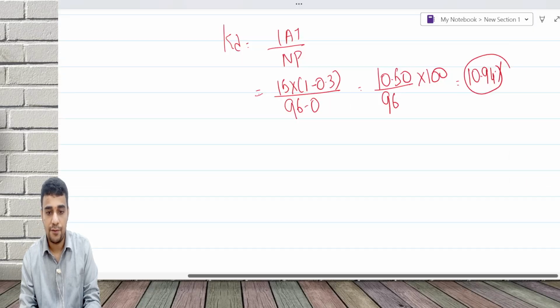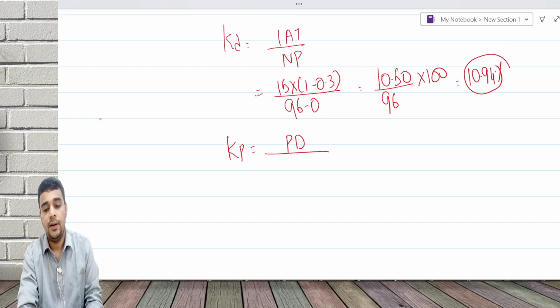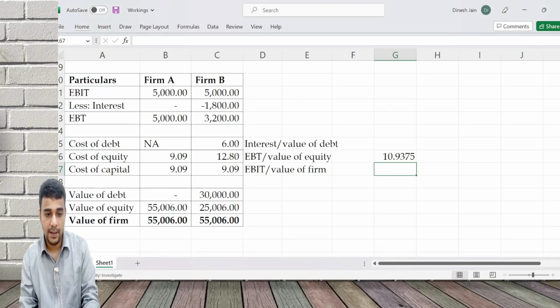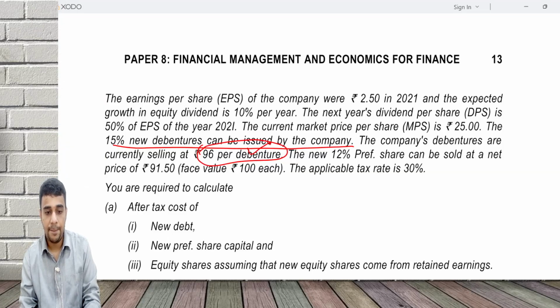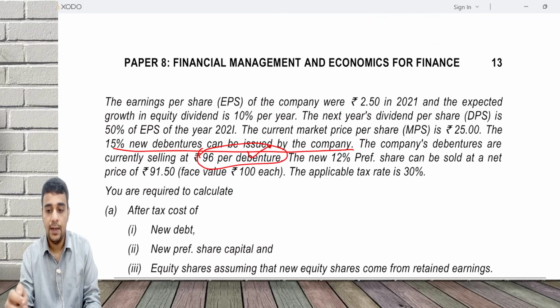Next is cost of preference. Preference dividend divided by net proceeds. We are planning to issue 12% preference, sorry, not debenture. Earlier was also 12% only, and it will be issued at a net price of 91.5.